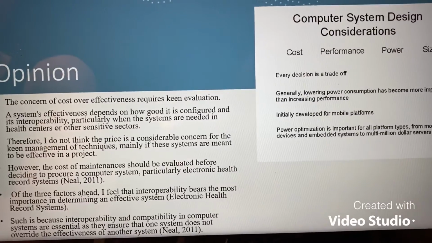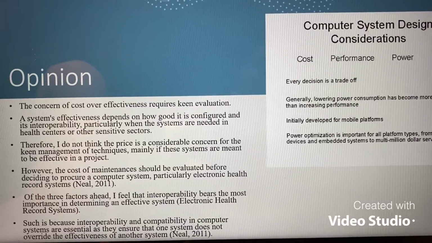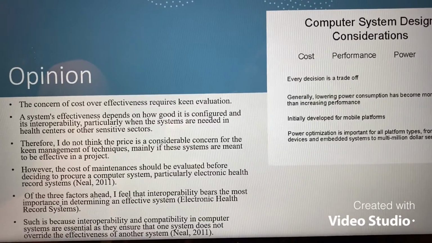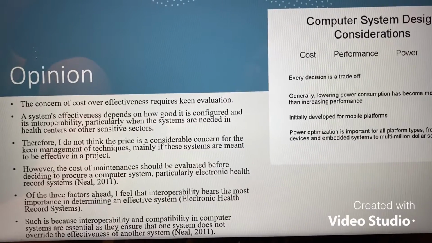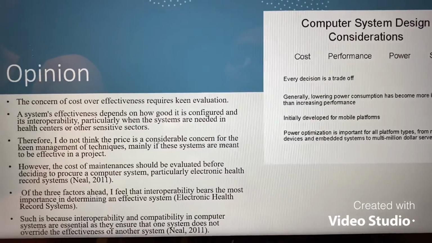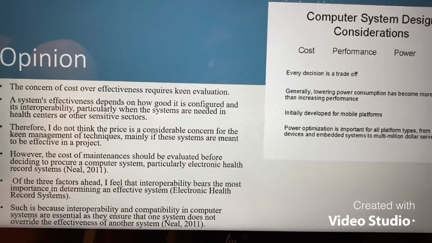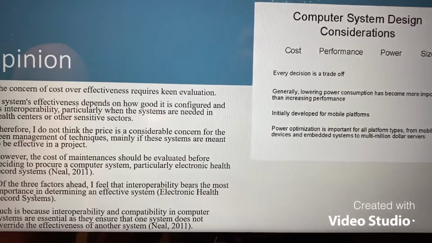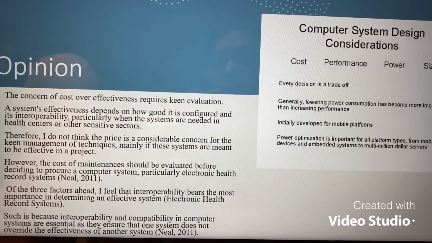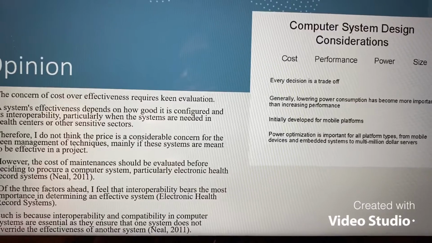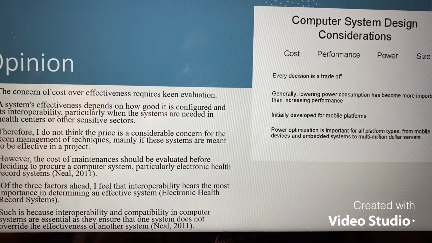Therefore, I do not think the price is a considerable concern for keen management, mainly if these systems are meant to be effective in a project. However, the cost of maintenance should be evaluated before deciding to procure a computer system, particularly an electronic health record system.